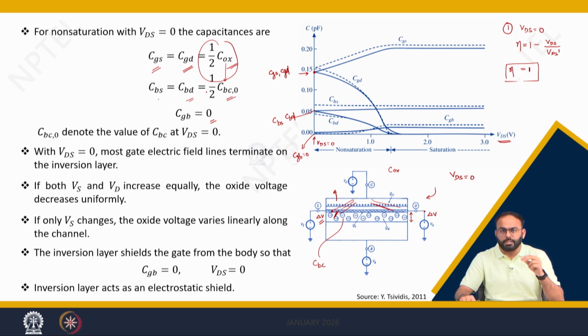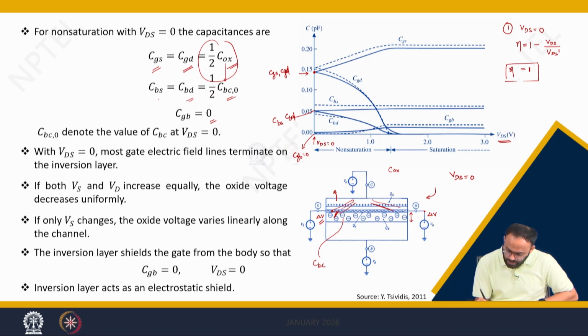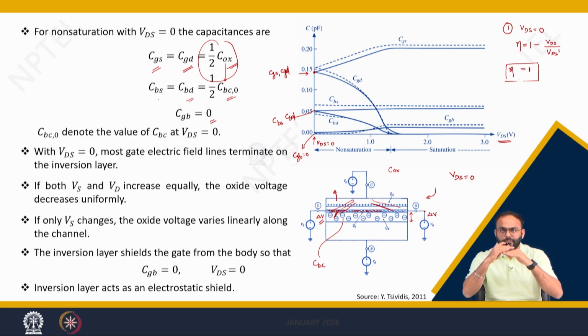But now what happens when VDS is equals to 0 and you are in strong inversion? It means you have applied the gate voltage in such a way that this region is completely filled with inversion charges. There is no current, but yes, the device is having full amount of inversion charges. You can see that you have a gate plate and you have an oxide below which there is an inversion charge.